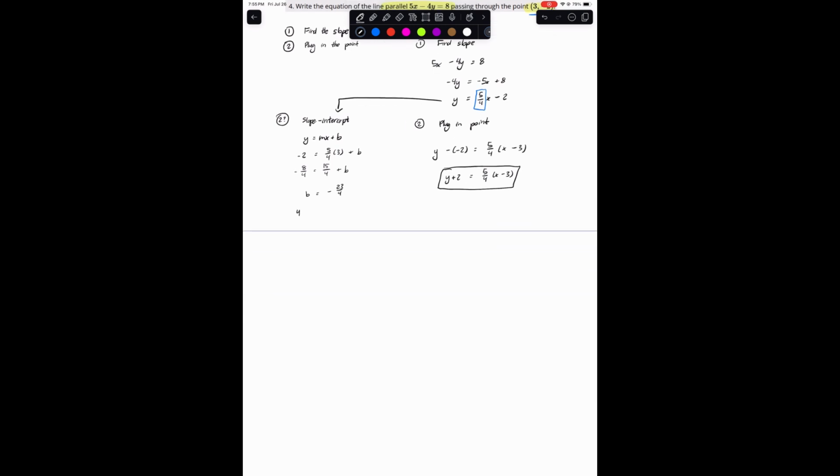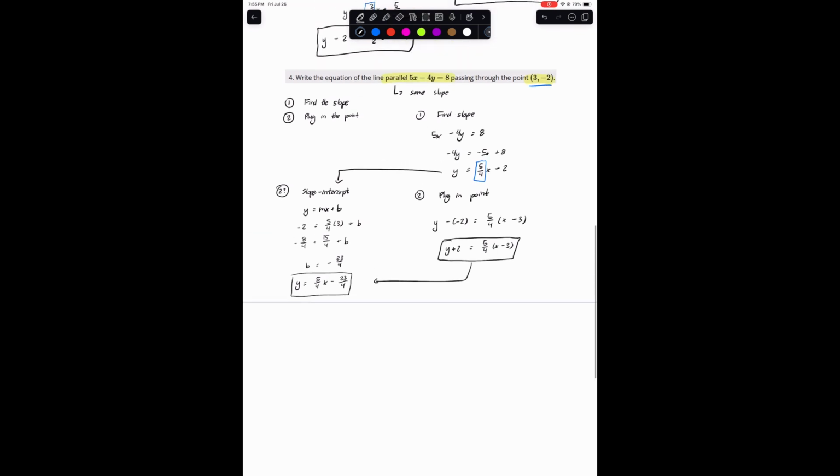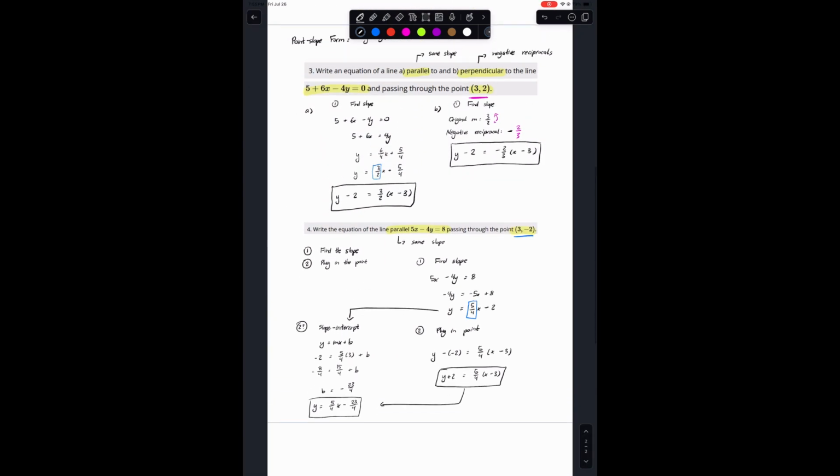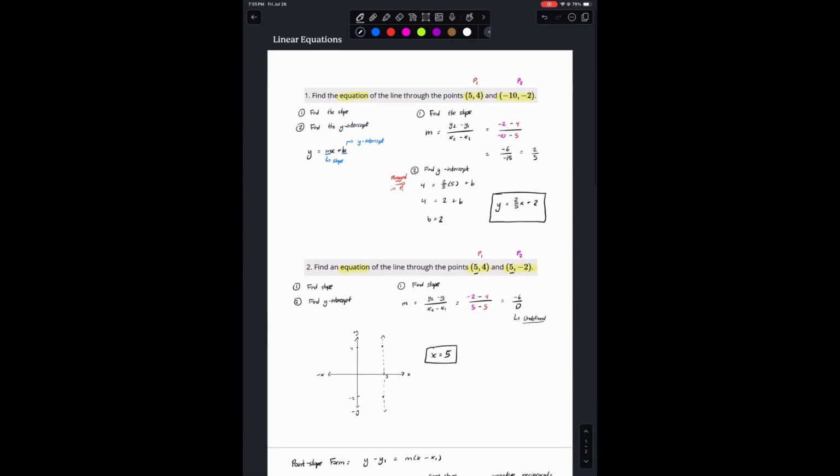And your equation becomes y equals 5/4 x minus 23/4. If you were to expand out this equation, you would get this. So either will work, okay? And that is it for linear equations.